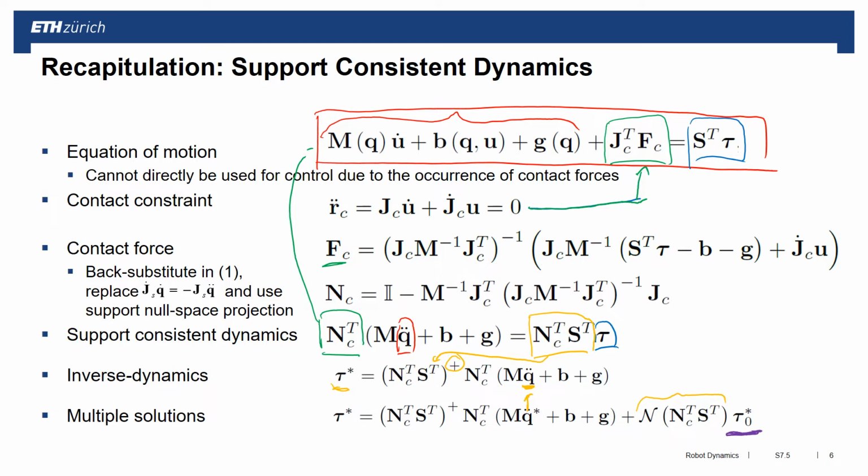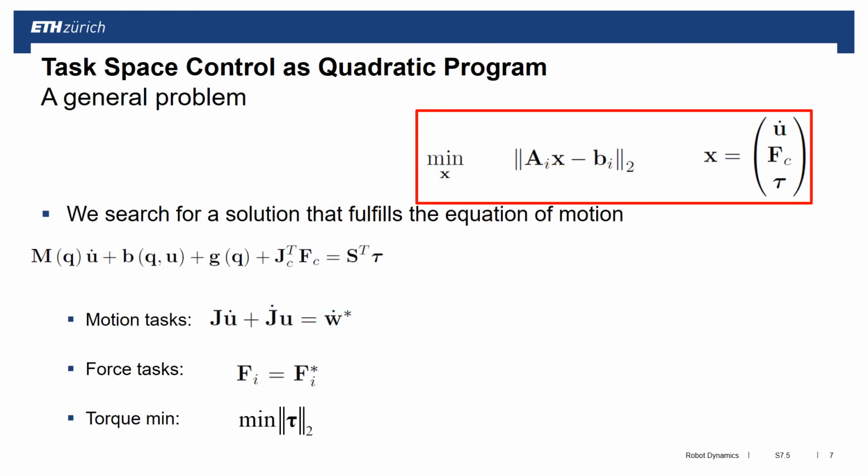So what this is, in essence, this part here is the internal force directions. So I can change the force with the environment without changing the motion of the system. So this in here will have an influence on Fc while not having an influence on q.